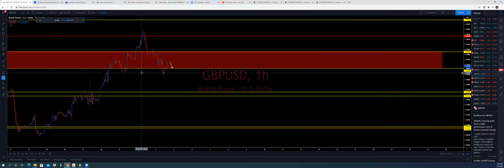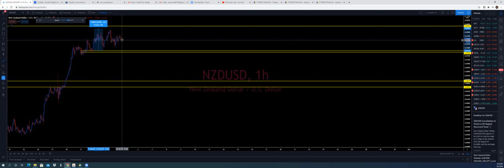Yeah. So moving on to NZD USD, we did get the buy. I wasn't really too excited about this buy, but we did get some good pickings out of that, about 50 something pips. NZD USD didn't sell off like Euro USD and GBP USD did.